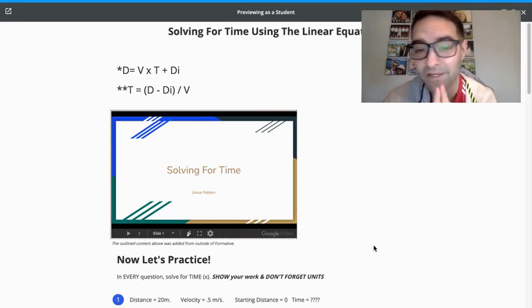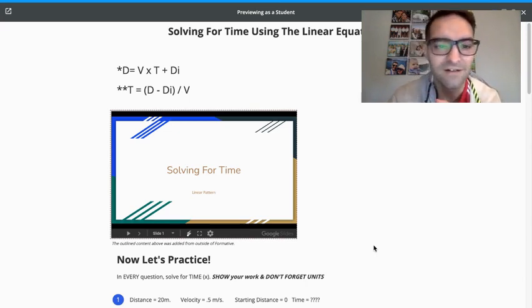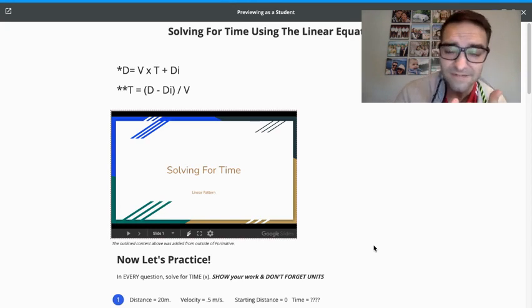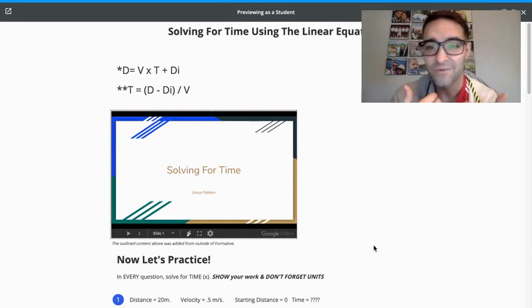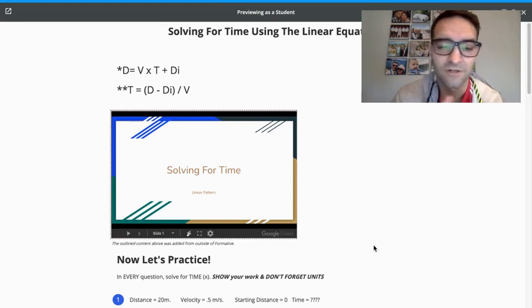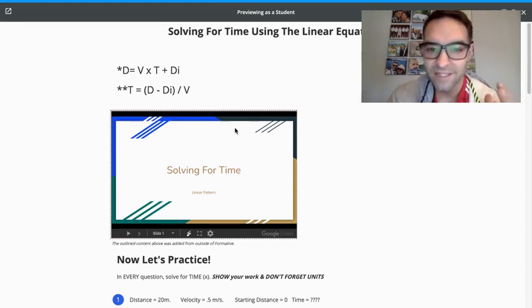School zone probably wouldn't be a mile, but let's just say it's a mile. We could calculate how long it would take you. So that would be the time, and that's what we're doing today. And next time we're going to be solving for velocity. So if we know the distance and we know the time, then we can calculate the velocity that an object was moving. But let's focus on time.